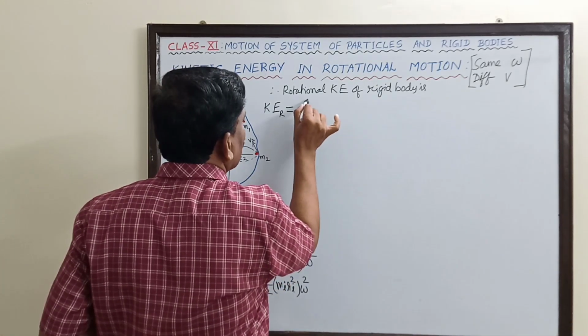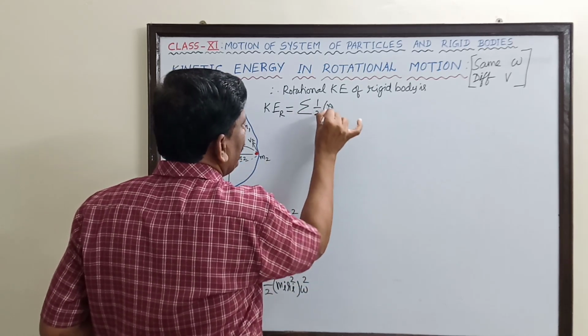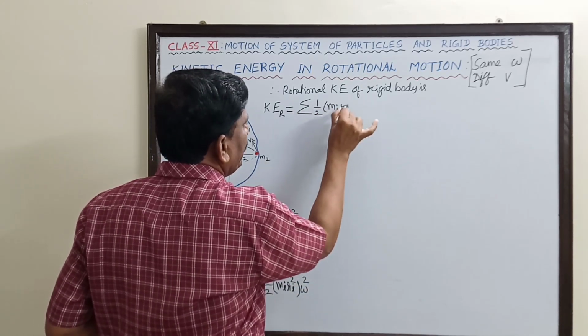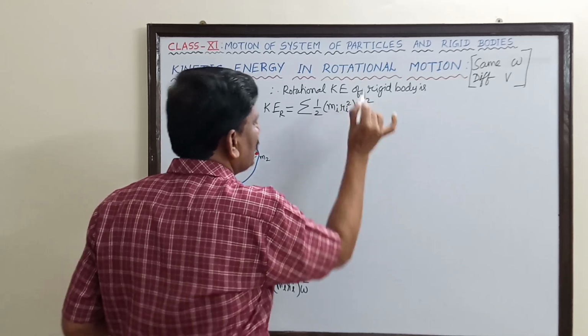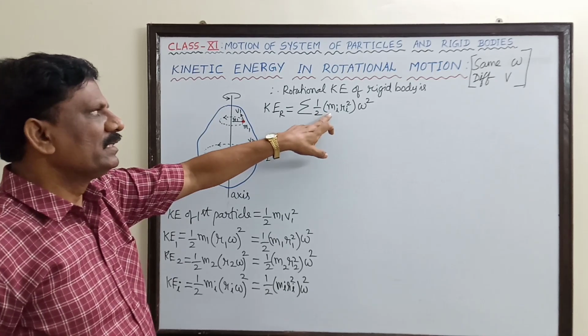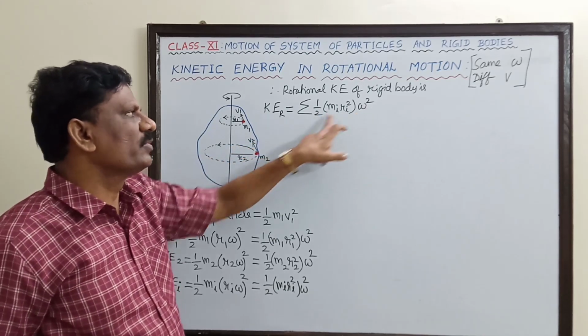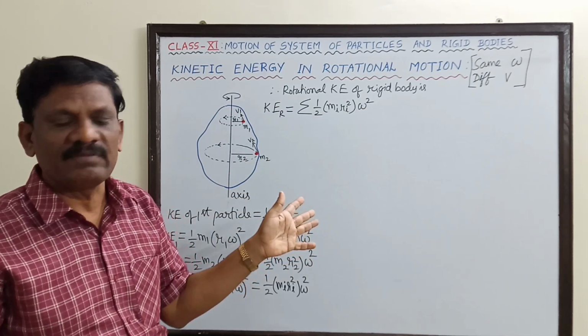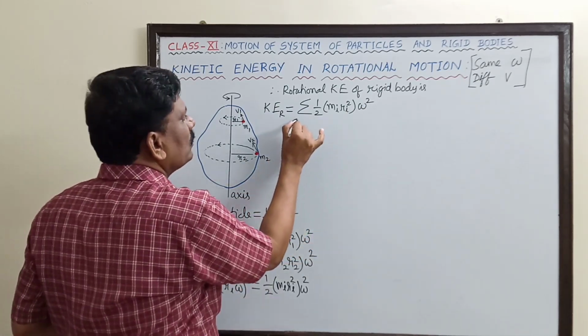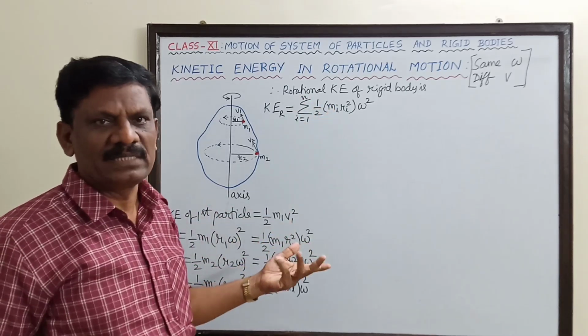So this is equal to sigma half into mi ri square into omega square, adding the terms for all the particles from i equal to 1 to n, the total number of particles.